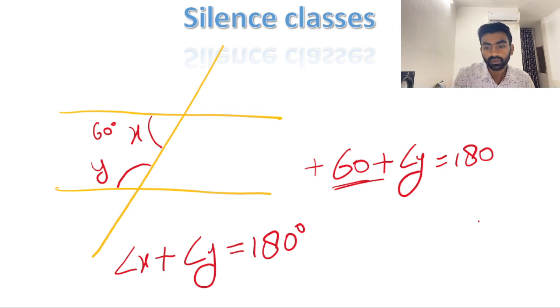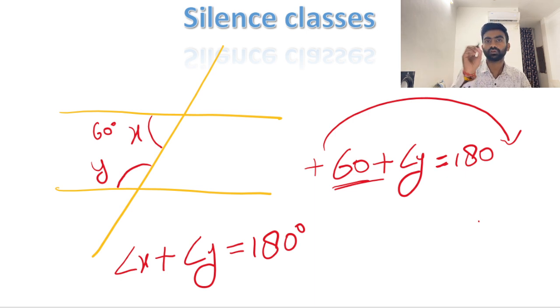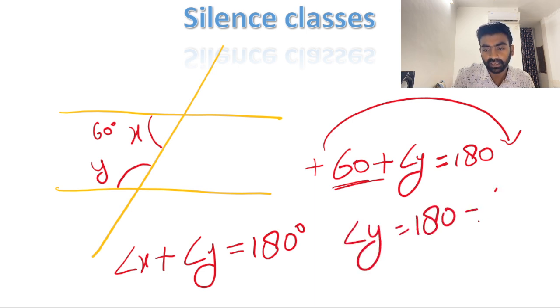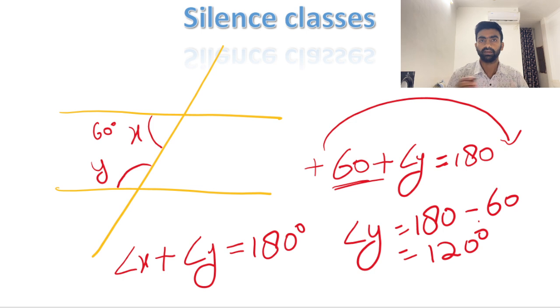If it crosses the equals sign, then addition will become subtraction. So angle y is equals to 180 minus 60. Then it will become 120 degree. So we got the value of y like this.